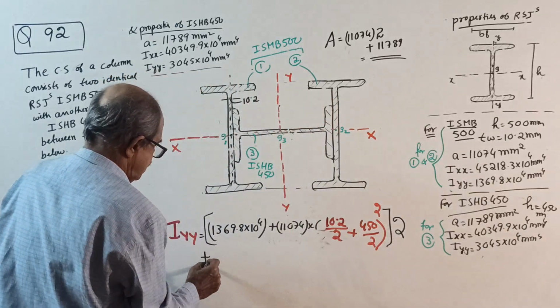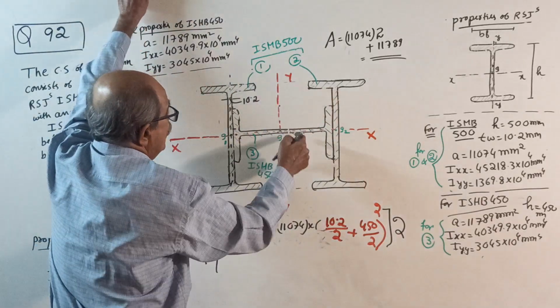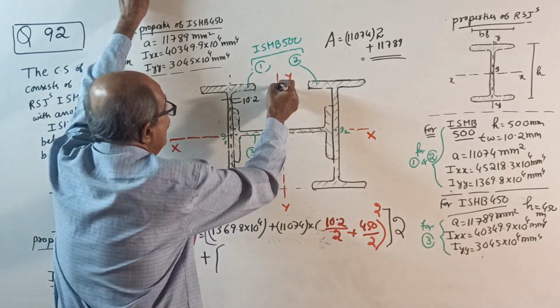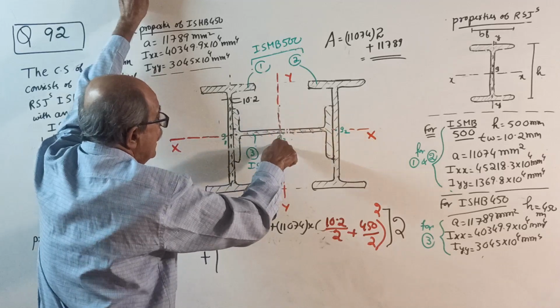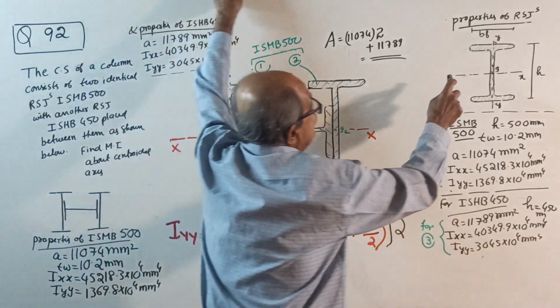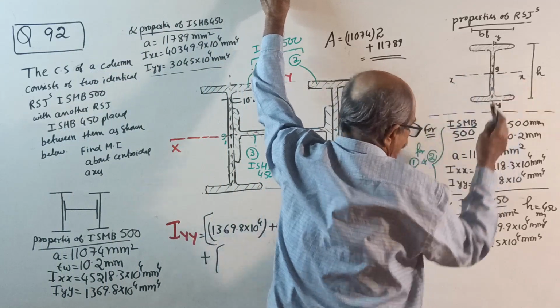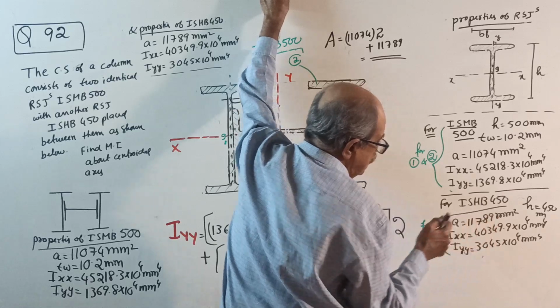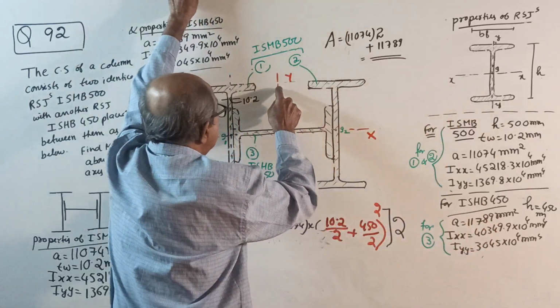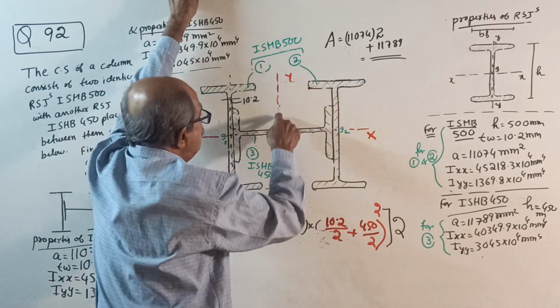Next, IYY for part number 3: I about its own center axis, parallel to YY.